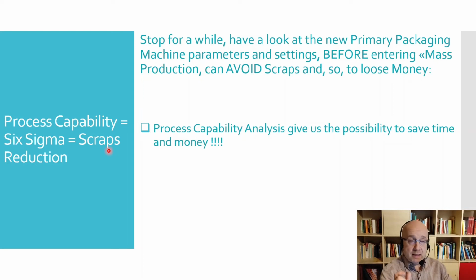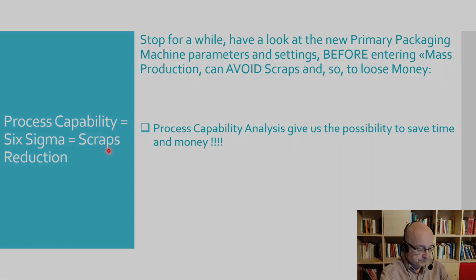But we now jump into Minitab, and we will see how to replicate the same calculation just obtained here in this PowerPoint presentation and how to obtain the 2.5% scrap.